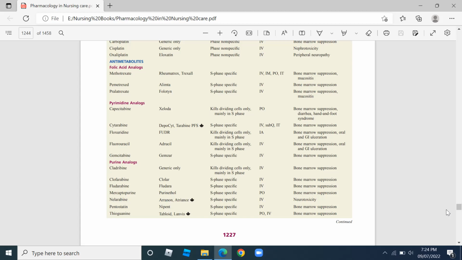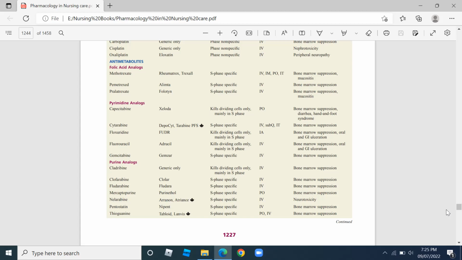Again, the dose limiting toxicity is bone marrow suppression, but some of the drugs have more than bone marrow suppression. The methotrexate is associated with mucositis, that is the inflammation of the mouth cavity, and it is also observed in pralatrexate. In capecitabine, there is not only bone marrow suppression but also diarrhea and hand and foot syndrome, in which numbness and altered neuronal activity of hands and feet is observed.